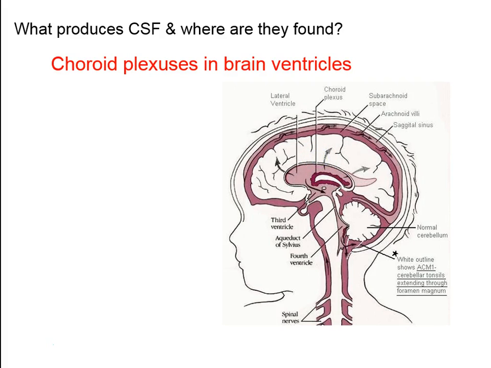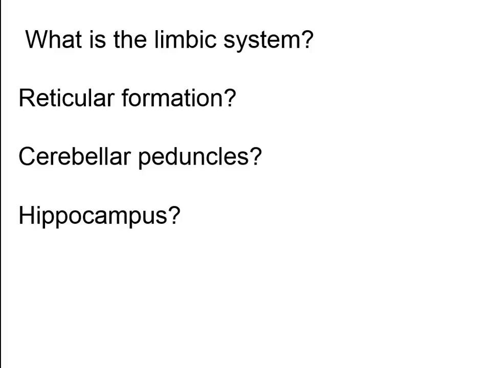And it's in these ventricles that you have choroid plexuses, masses of blood vessels, and the nutrients and oxygen that is in the blood is filtered out and becomes cerebral spinal fluid. So the choroid plexuses of the brain ventricles produce cerebral spinal fluid.